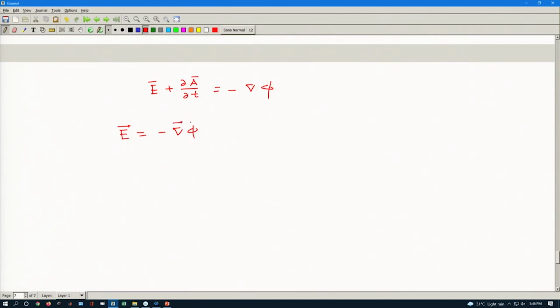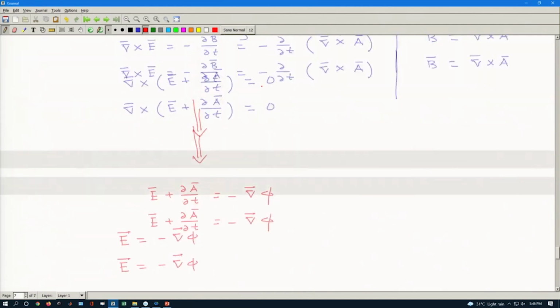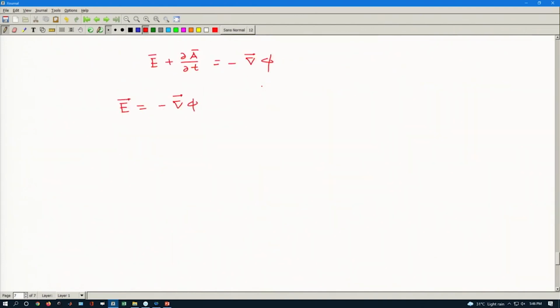Now, when we have the magnetic field here, it gives me another term like this. So, now E is constructed not only from the scalar potential, but also from the vector potential. Previously we know that it can only be produced from a scalar potential, but in general this is the expression of E in terms of the scalar potential phi and the vector potential A.